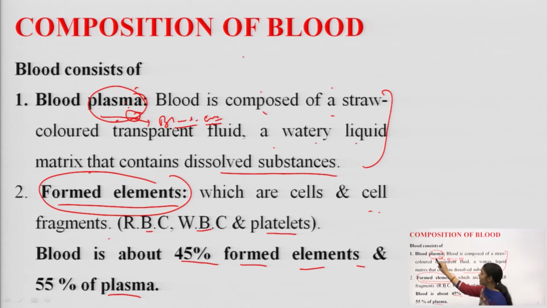This is blood plasma, that is, your blood minus your formed elements. The formed elements are the cells and cell fragments, that is RBCs, WBCs and platelets. This means the blood is about 45% formed elements and 55% plasma.